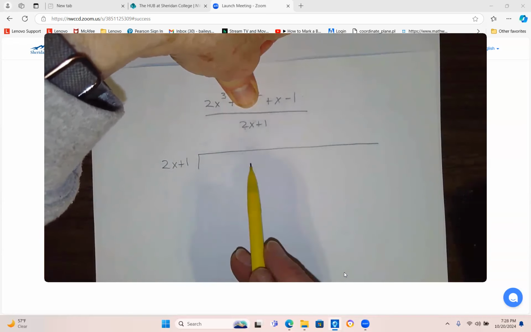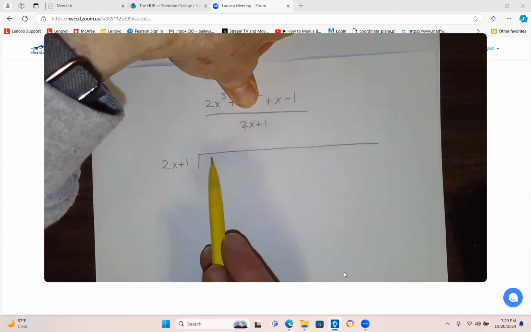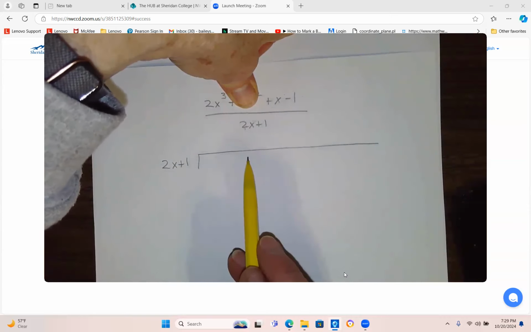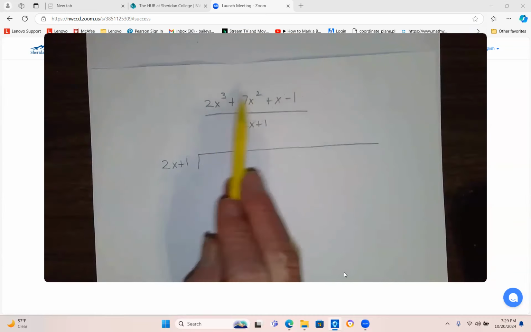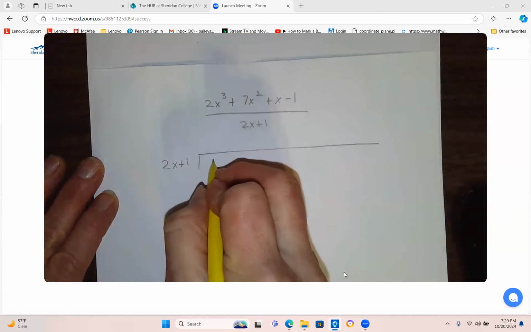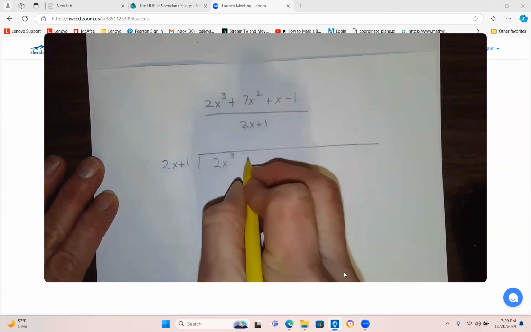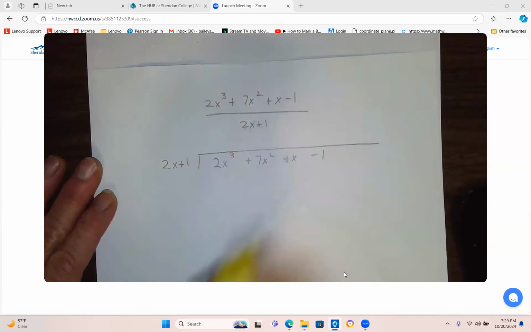So the powers have to be decreasing in this box here. If you start with a 3, you'll have to have an x squared and x. It just so happens that we've got 3, 2, 1, so I don't have to add any 0x's. Okay, so I'm going to write this down: 2x cubed plus 7x squared plus x minus 1.